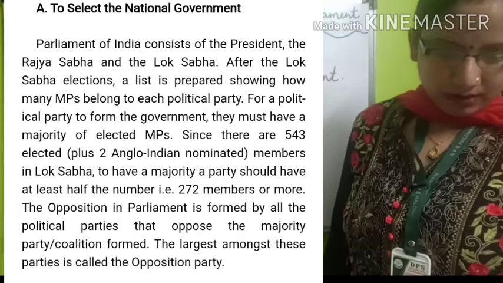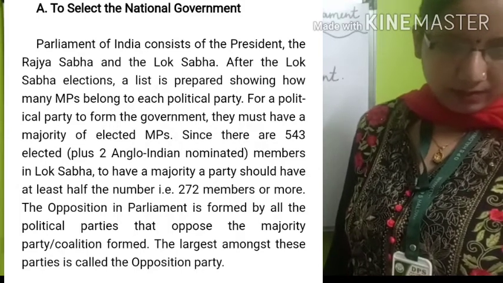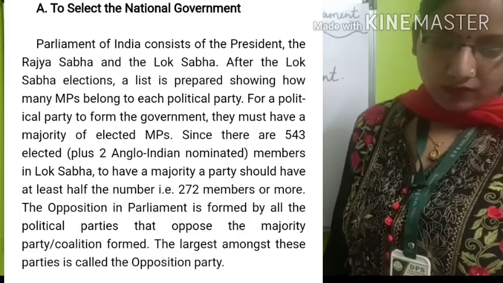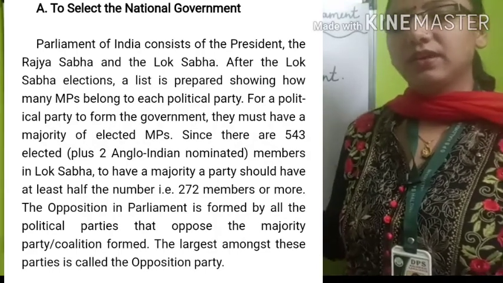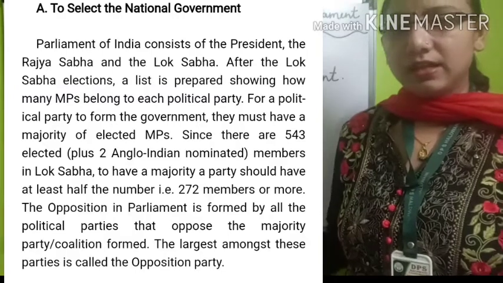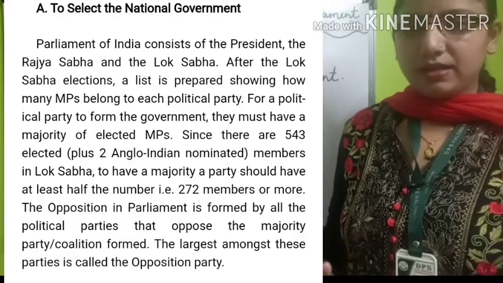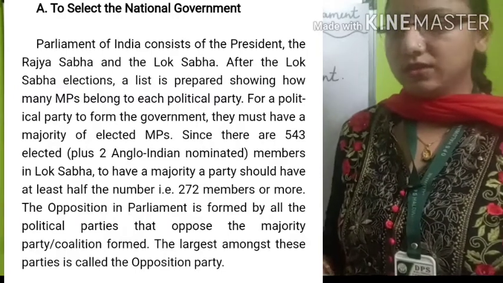For a political party to form a government, they must have a majority of elected MPs, because the party which has the majority will be selected as the party leading the union government.